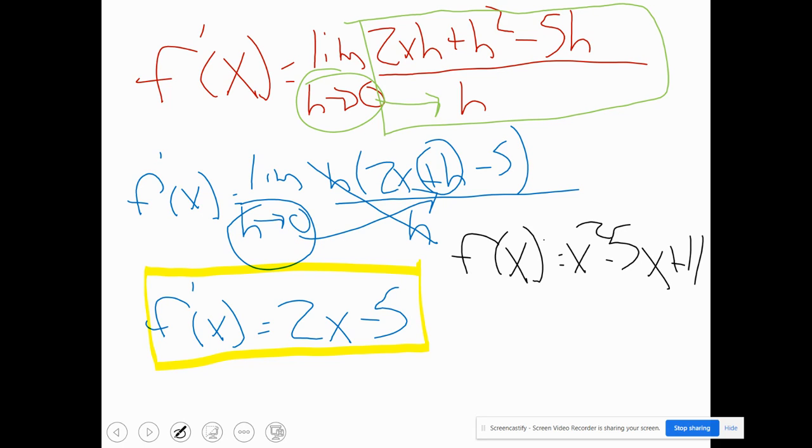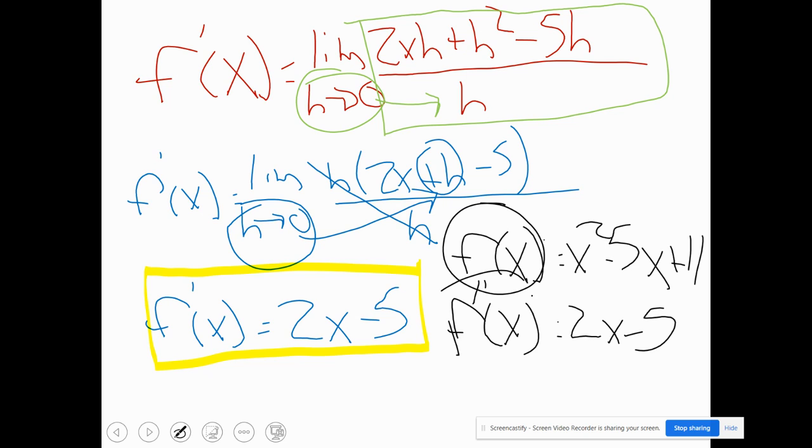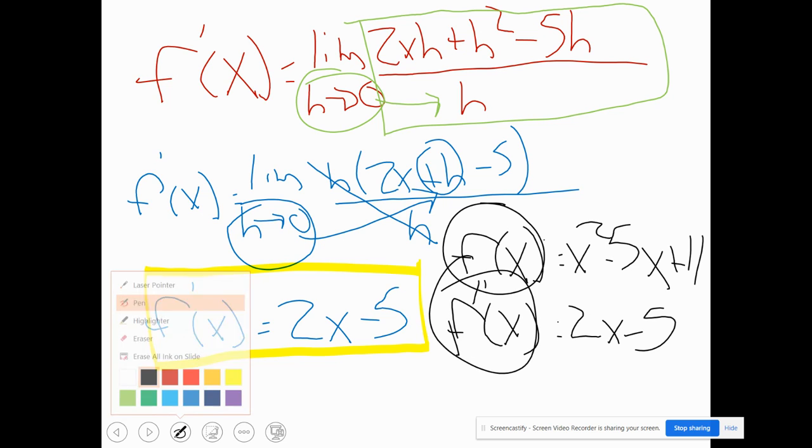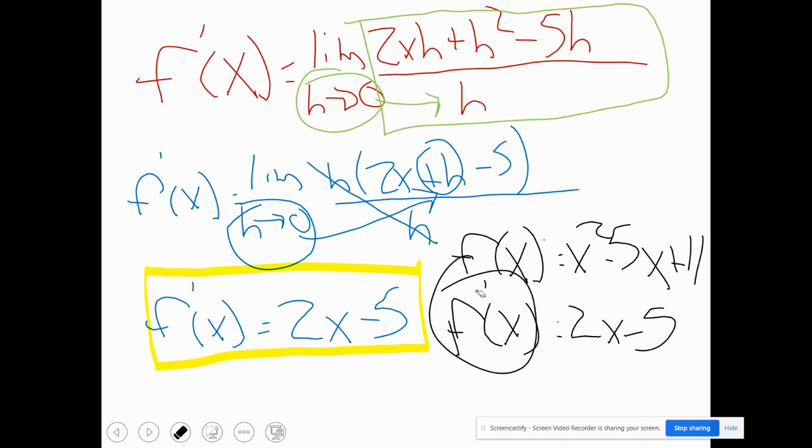And then you've got the second one, f prime of x equals 2x minus 5, which is your slope formula, which should tell you the slopes. F of x, f prime, two different things that we have there. And it looks like there are two primes there. There aren't, there's only one. There is an equation that has two of them, and that'll be coming up in a couple of days.